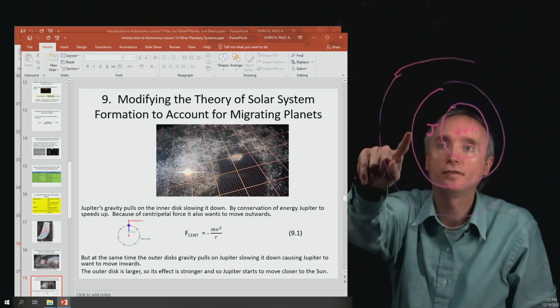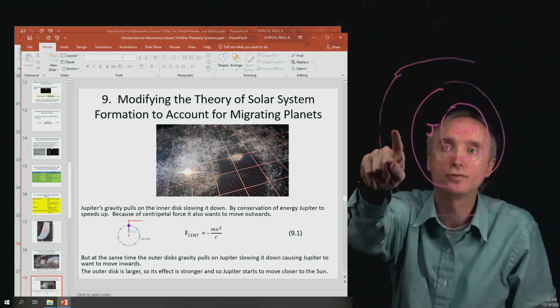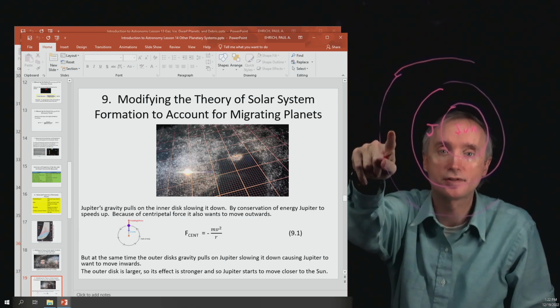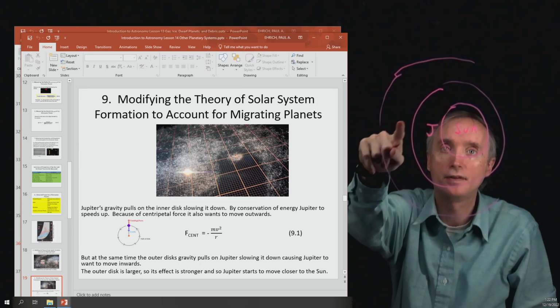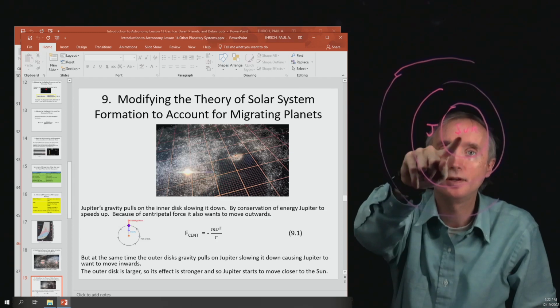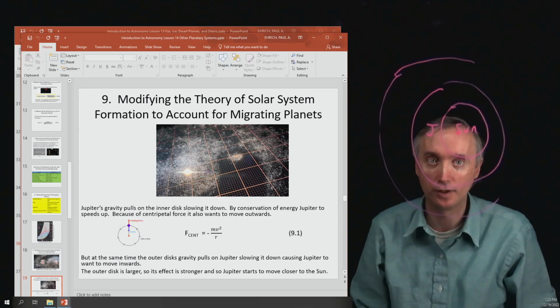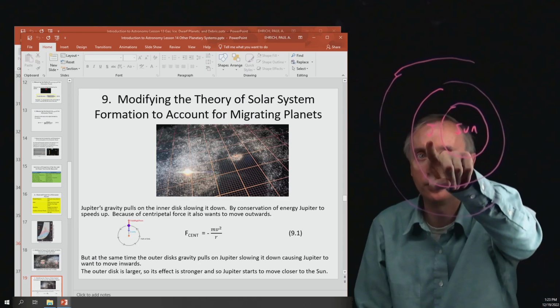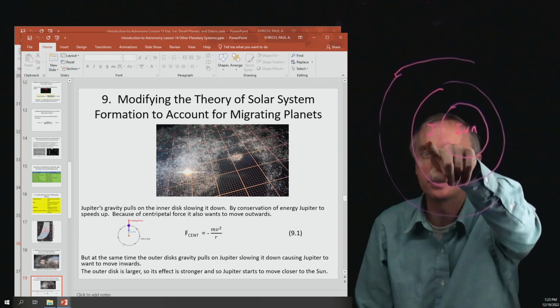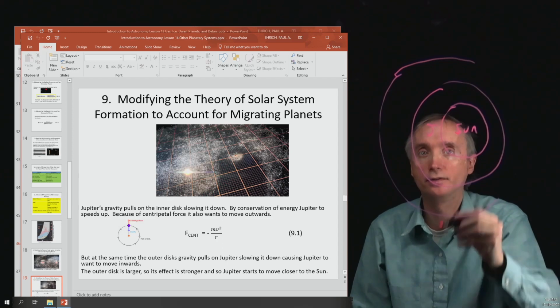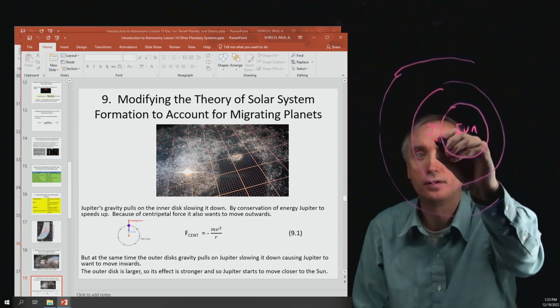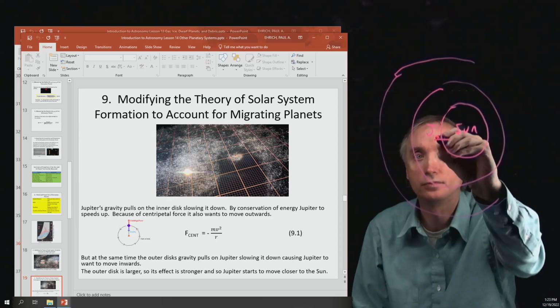So this stuff out here is eventually going to be where Jupiter and Saturn, Uranus and Neptune live. And this part in here is going to be the part where Earth and Venus and Mars are going to be. But here you've got Jupiter, and it's going to be gravitationally attracting this material.